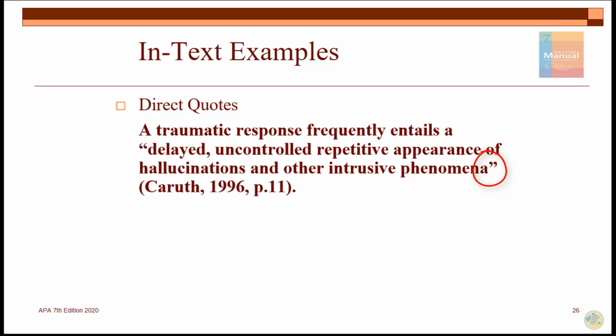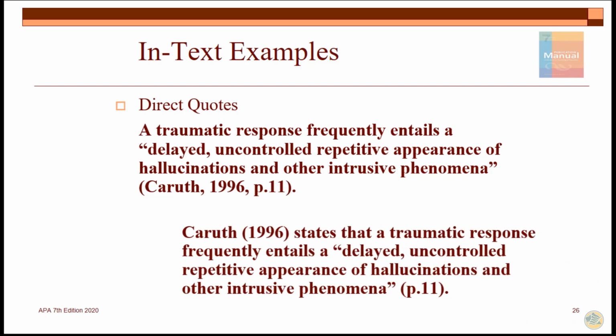Then in parentheses, we have the author, Carruth, 1996, p. to indicate that it's one page and it's on page 11. Now, keep in mind that 1996 is probably too old to be used in a paper. It just makes a good example.